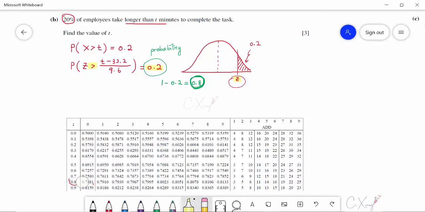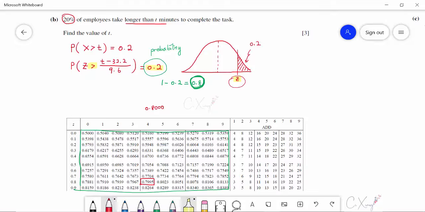Instead you should find it the opposite way: from the probability side, get the 0.8 and then read the exact value outside. Try to find the number closest to 0.8. I can see the closest value is 0.7995, and you want to get 0.8000.